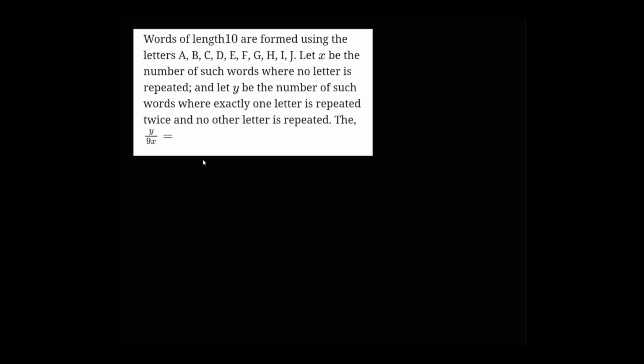Then Y by 9X is. Now for this, let us first find the value of X. That will be 10 factorial, since no letter is repeating and we have to form a word with 10 letters.